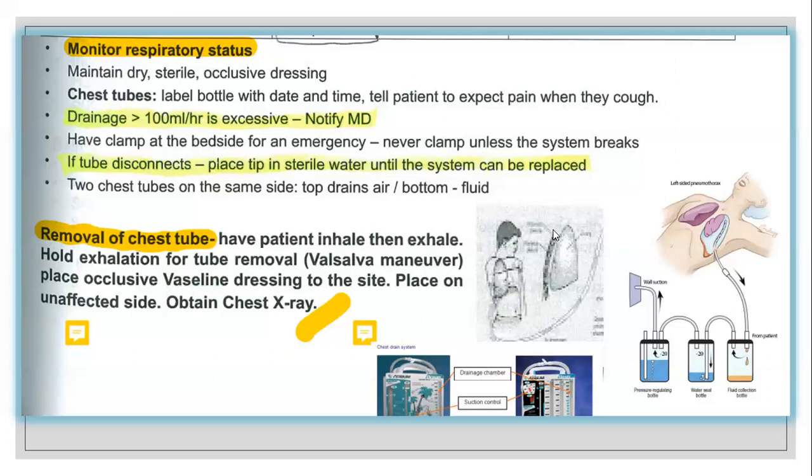If the patient has both blood and air in the pleural space, it is called hemopneumothorax, and we need the chest tube. So the indications are hemothorax, pneumothorax, and hemopneumothorax.